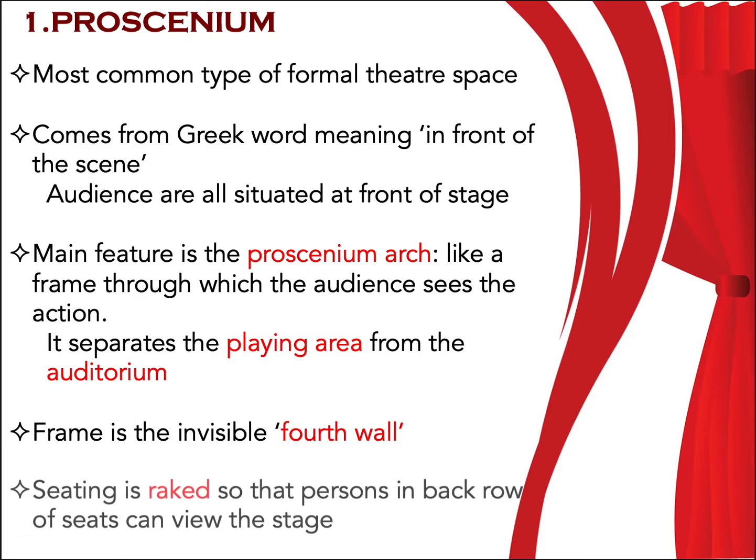So the seating is raked, which means that it is designed on an incline so that the people in the back row can view everything without the people in front of them blocking them. Now, this is a little bit opposite to how things initially were. And when we do the lesson about the positions on stage, we'll realize why they say that the area closer to the audience is downstage.